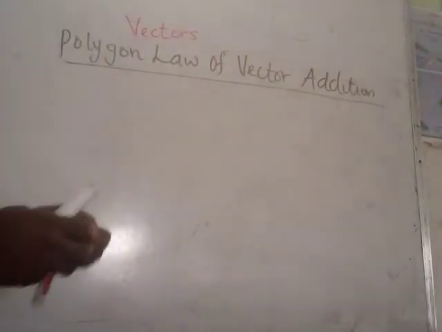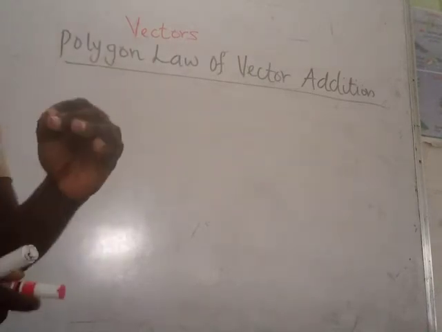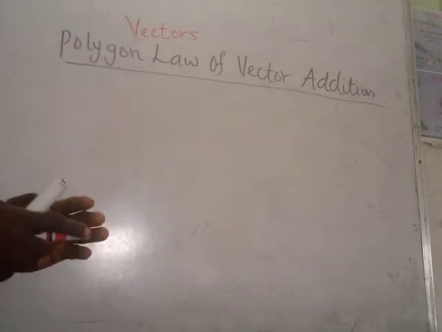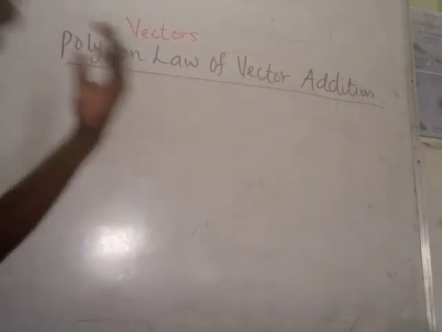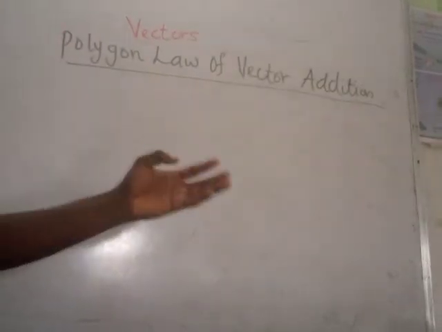Now suppose I have more than two vectors, where I cannot use the triangle law or the parallelogram law of vector addition. Then I have to look for a way to find the addition of several vectors that are summed up together.